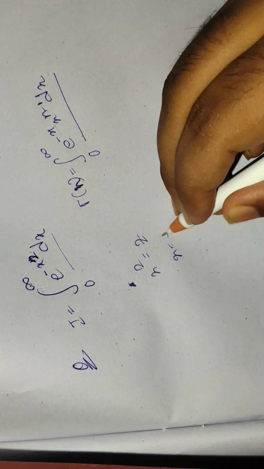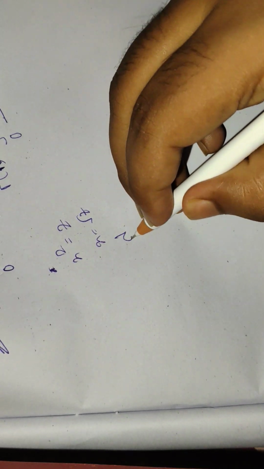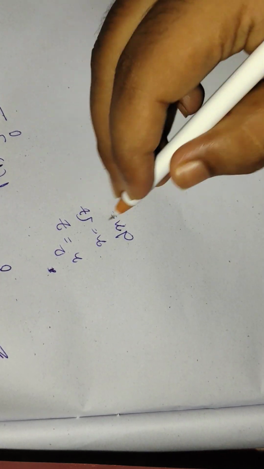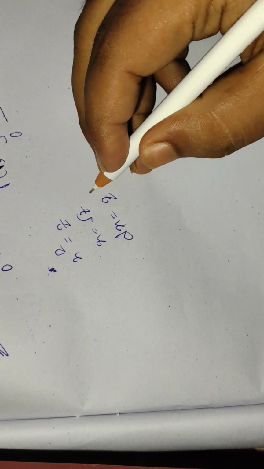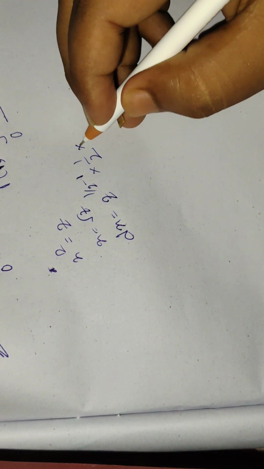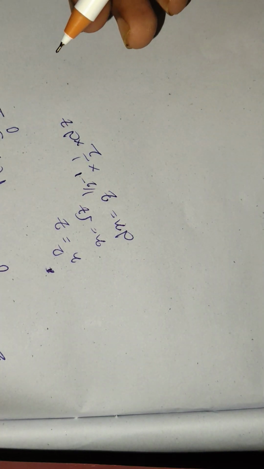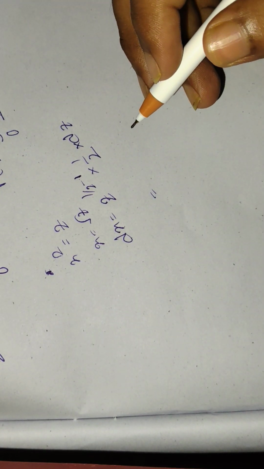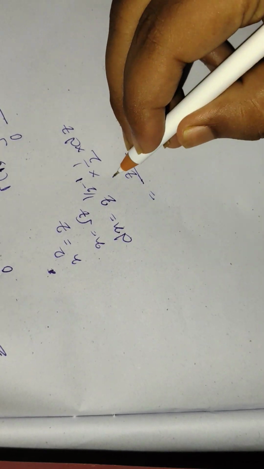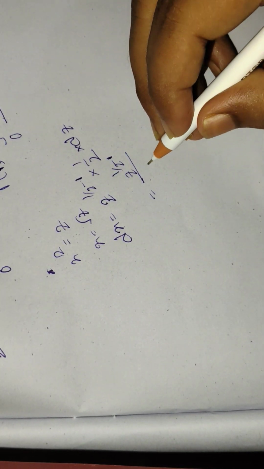So x is equals to root z. So definitely dx will be equal to z to the power half minus 1 into half into dz. Basic differentiation. Now this is z to the power half minus 1 divided by 2 dz.